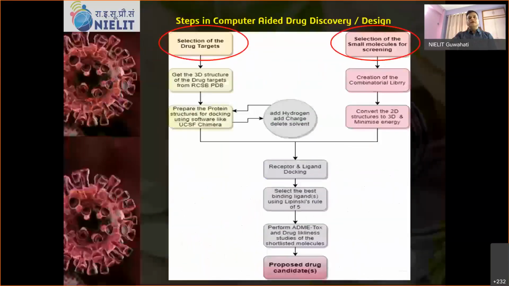Then we can go ahead with the docking of the small molecule structure and the large molecule structure. For both cases, we need the three-dimensional structure of the small molecules and the three-dimensional structure of the large molecules. Now, many of you may have the question: we have identified the compound from GCMS, then how can we have the 3D structures?